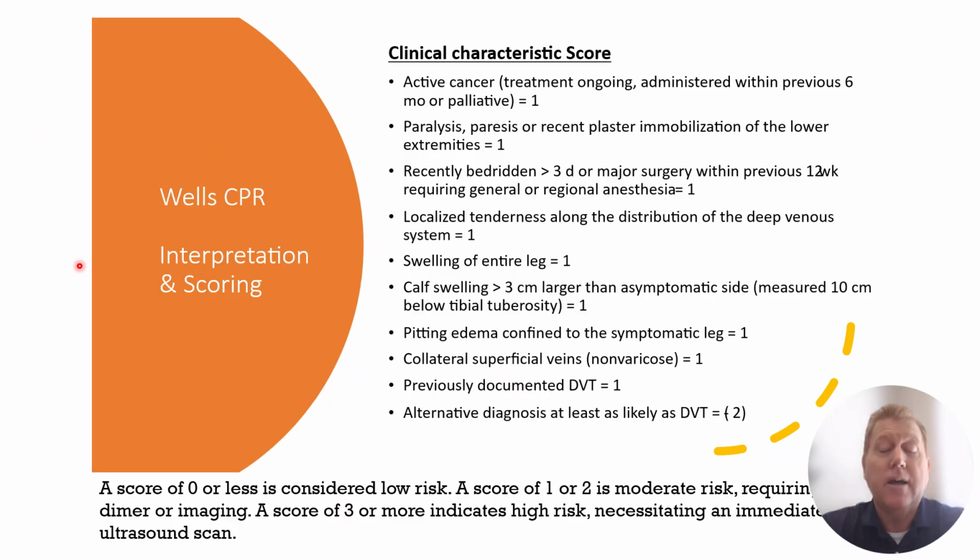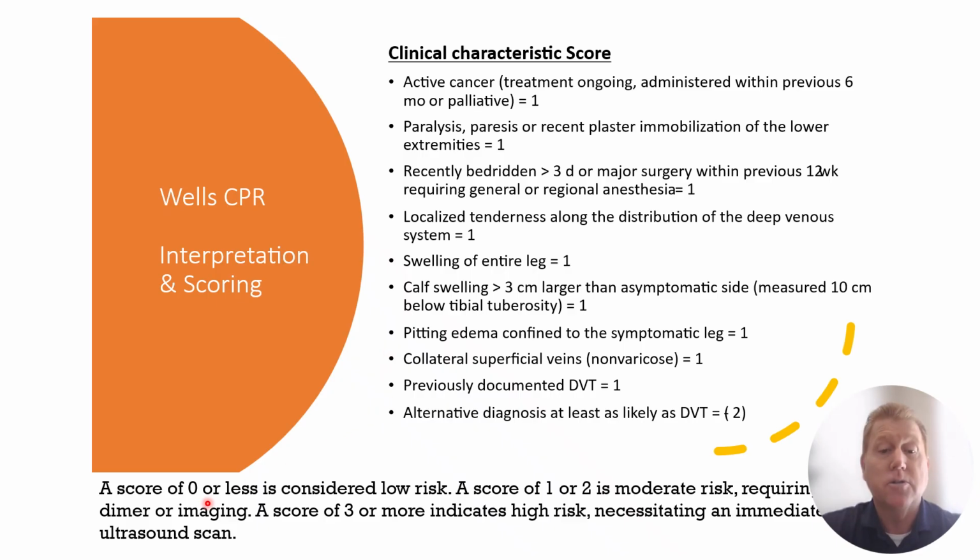And so we then have this Wells criteria, a way to interpret a lot of these signs and symptoms that we're seeing, and then we score it. We would take all of these pieces and look through them, and they each come with a score of either 1 or 2 as an alternative.